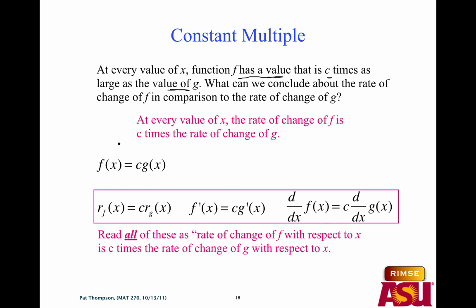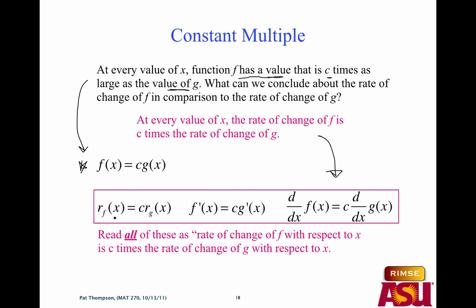And so once again, here's the mathematical statement for the given. The value of the function f is c times as large as the value of g. And then we can interpret the corresponding statement about the rate of change of f being c times the rate of change of g using any of these forms of the notation.